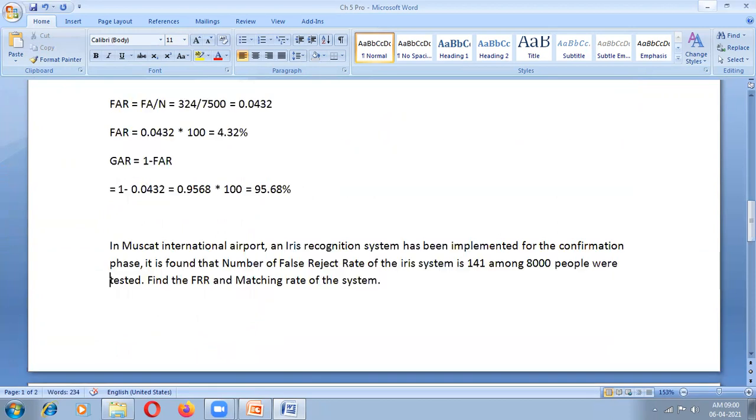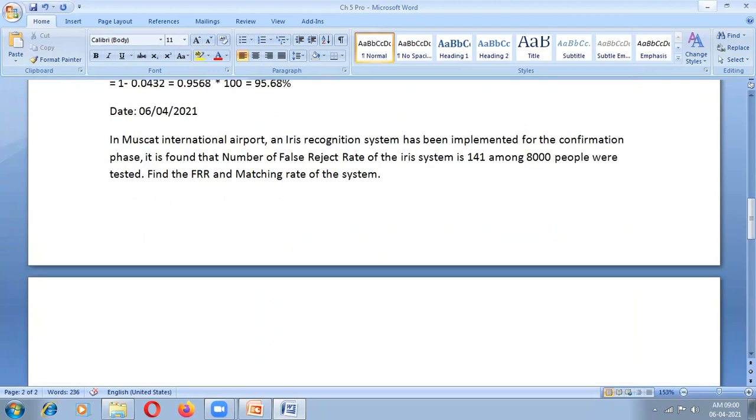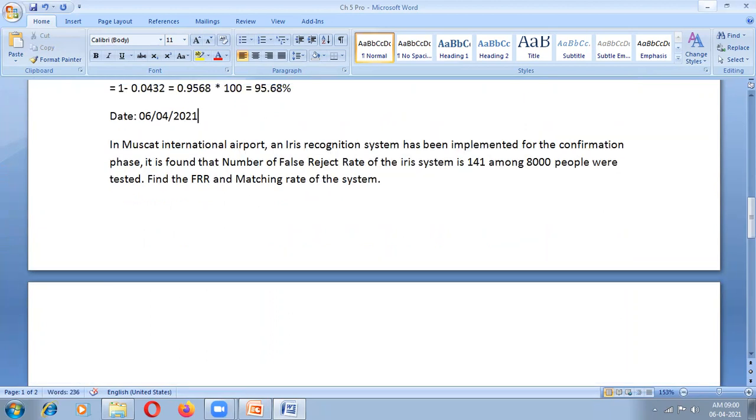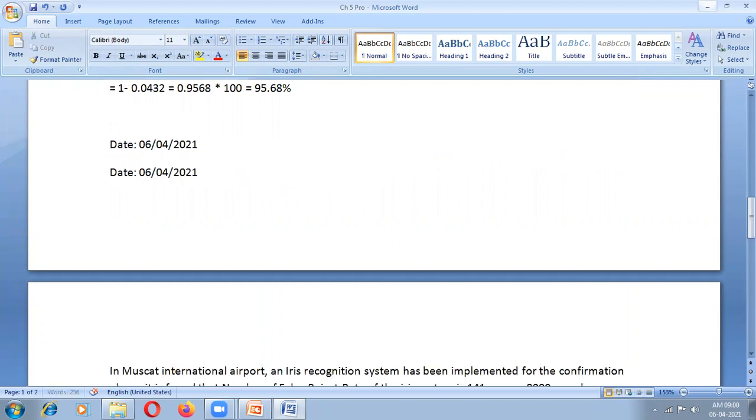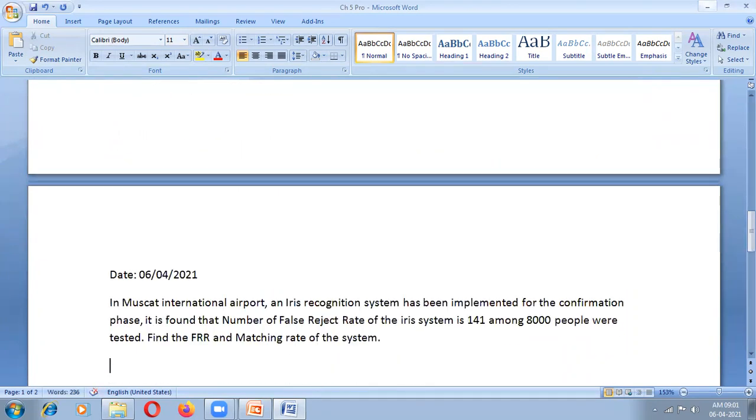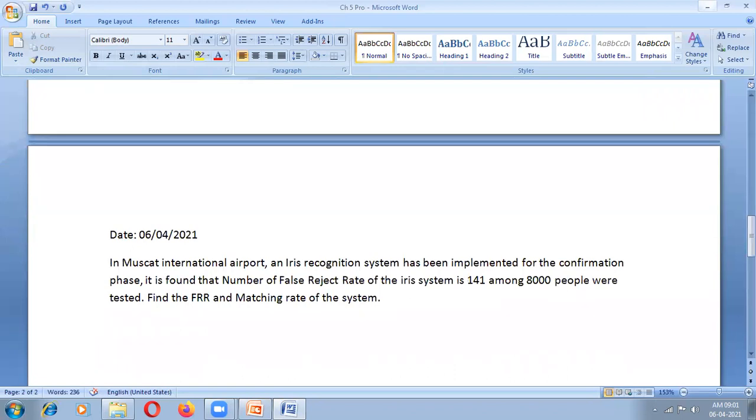These problems we are discussing, the date I mentioned here. So today's class, how to solve this problem? It will be a final examination problem. It shall be a final examination problem.